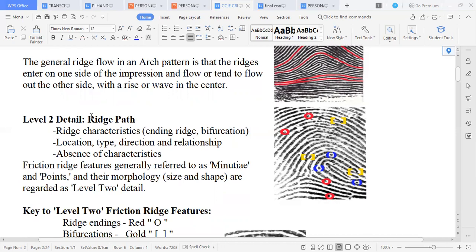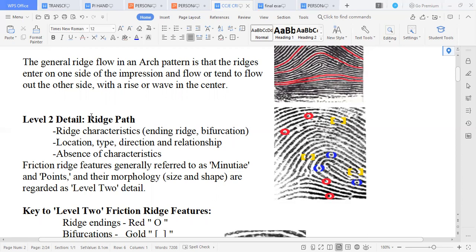Why do we say that it is Galton's detail? Because this was initiated by Francis Galton. So for ridge characteristics, you will be thinking about ending ridge and bifurcation. What else do you know about ridge characteristics? Any idea? It would also come to your mind: islands, dot, bridge, fragmentary ridge, converging and diverging ridges, and others.